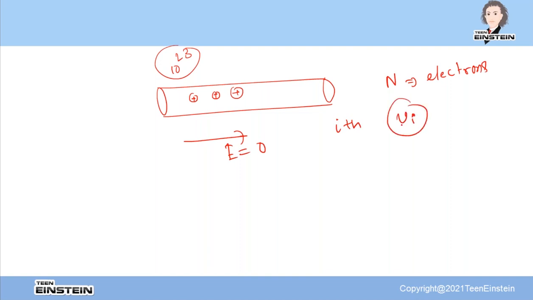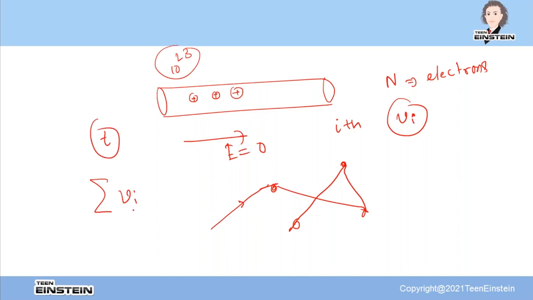So what will happen for that? Suppose there are iron cores all around. It will collide with this, then collide with that, like that. It will collide with everyone. Finally, the velocity is so random that the average of that velocity, or the sum of the velocity over a time interval t, gives 0.